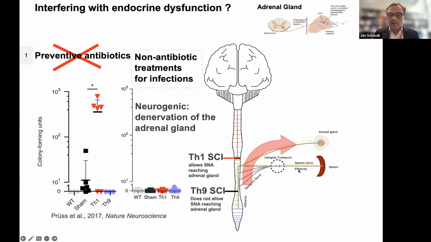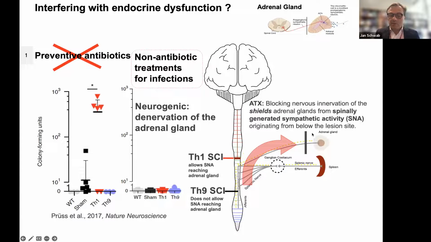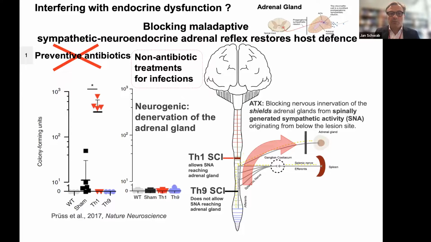If we then interfere with this sympathetic drive reaching the adrenal gland, as I just said, by a shielding surgery, we are able to restore immune function. So in a way, blocking this maladaptive sympathetic neuroendocrine reflex can restore host defense.